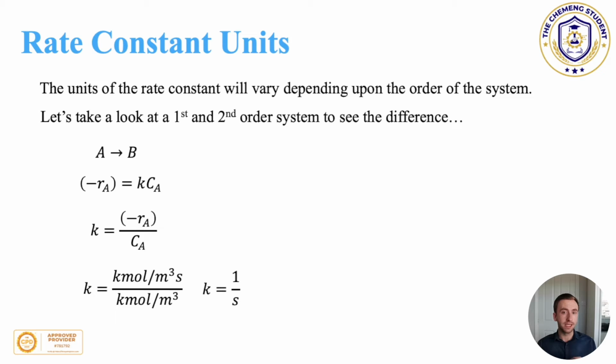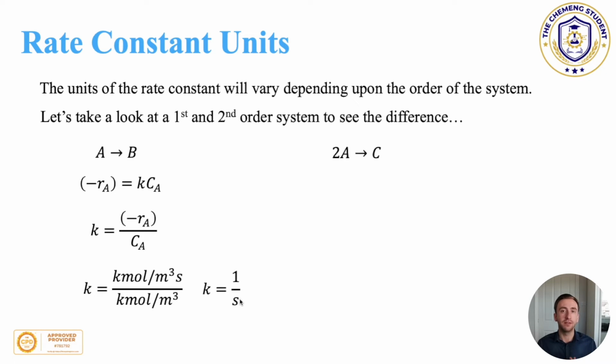Now we can substitute in each of those equivalent units. So the reaction rate is in kilomoles per meter cubed second, and CA is kilomoles per meter cubed. If you divide these, we get a reaction rate constant of 1 over seconds. That's for a 1st order system.